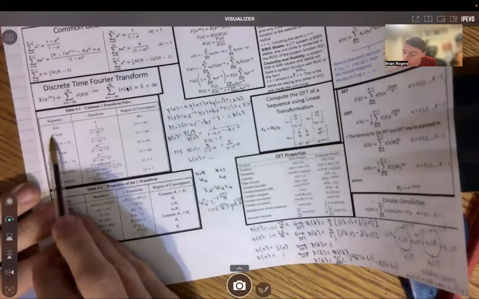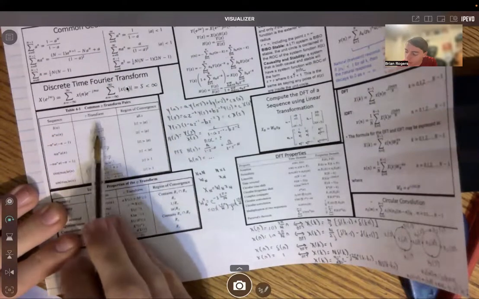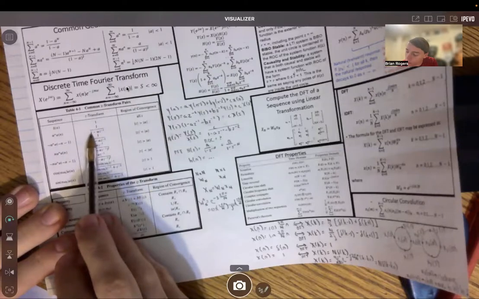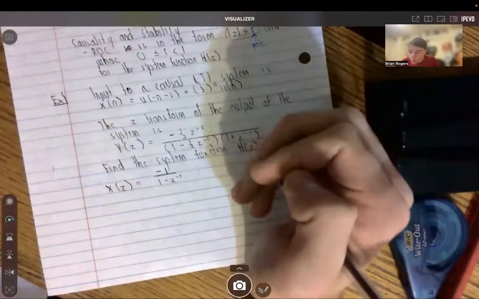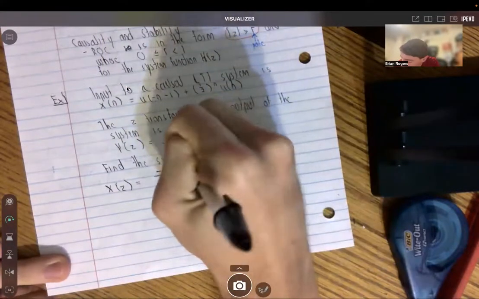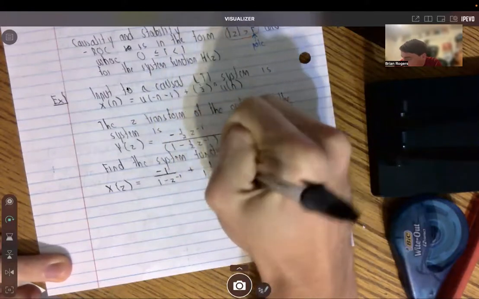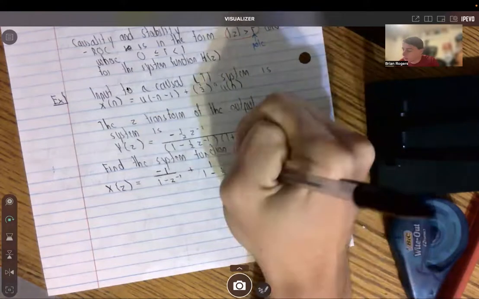When we look at our z transform table, for alpha to the n, u of n, we write the exact same thing: 1 over 1 minus 1/2 z to the -1. So substituting that in, we have plus 1 all over 1 minus 1/2 z to the -1.